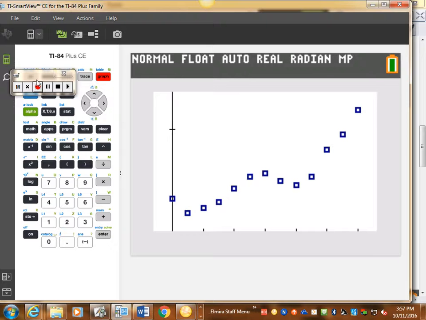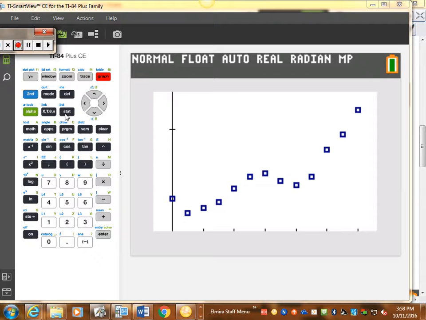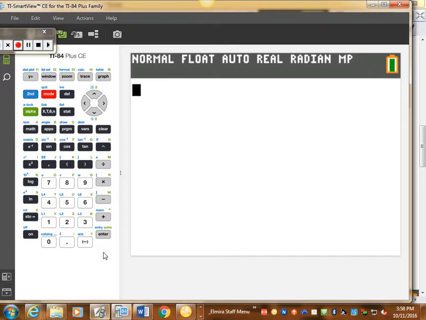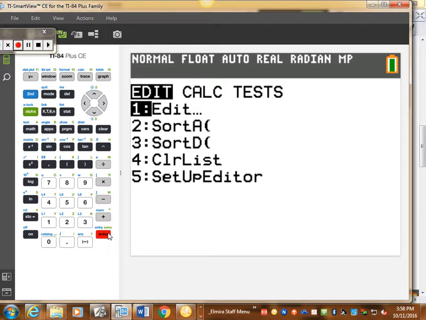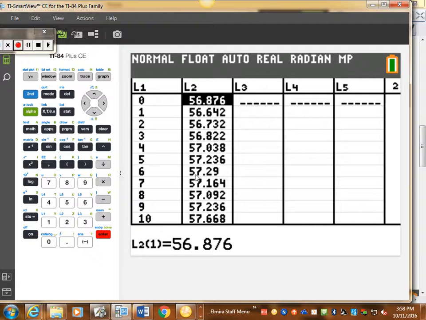Okay. Now keep in mind, I left stat. I've gone other places. It does not go away. I could hit second, quit, and go do other work. And if I come back to stat and edit, all of my data is still in there. That data stays in there until you reset the memory or delete it out. Okay? If you delete it out, I will tell you you have to delete it one number at a time.